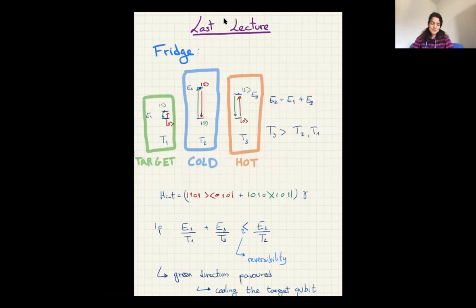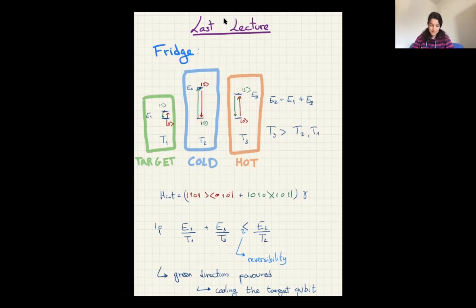Now, if we wanted it to work as a fridge, then we needed the temperature of the second smaller gap to be larger, so this to be the hot one, and the one with the wider energy gap to be the cold one. And then what was the interaction that we turned on? This was something that simply favored a transition between the state 0, 1, 0 and 1, 0, 1.